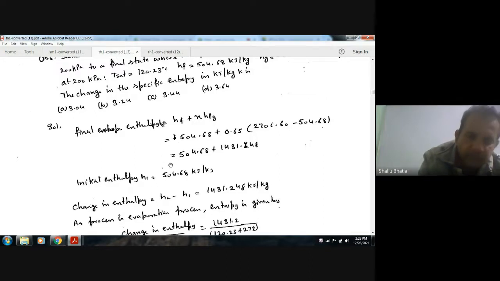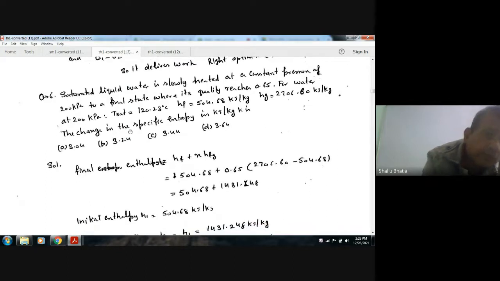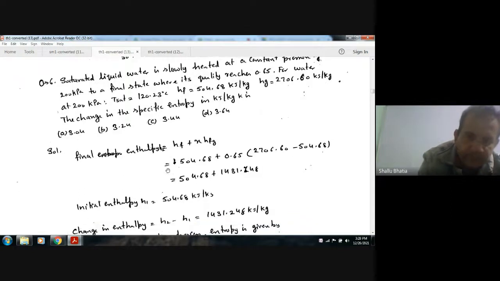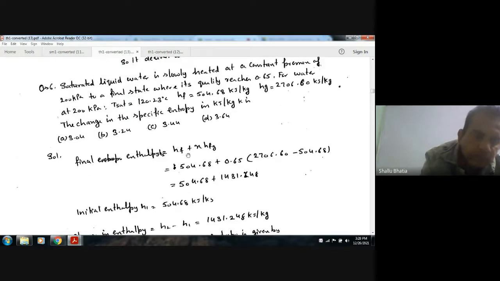Now you have to find out the entropy. Because the water is being evaporated and evaporation takes place at constant temperature, and this is the heat rejection. So because final entropy is less than initial entropy. So sorry, actually, so sorry.